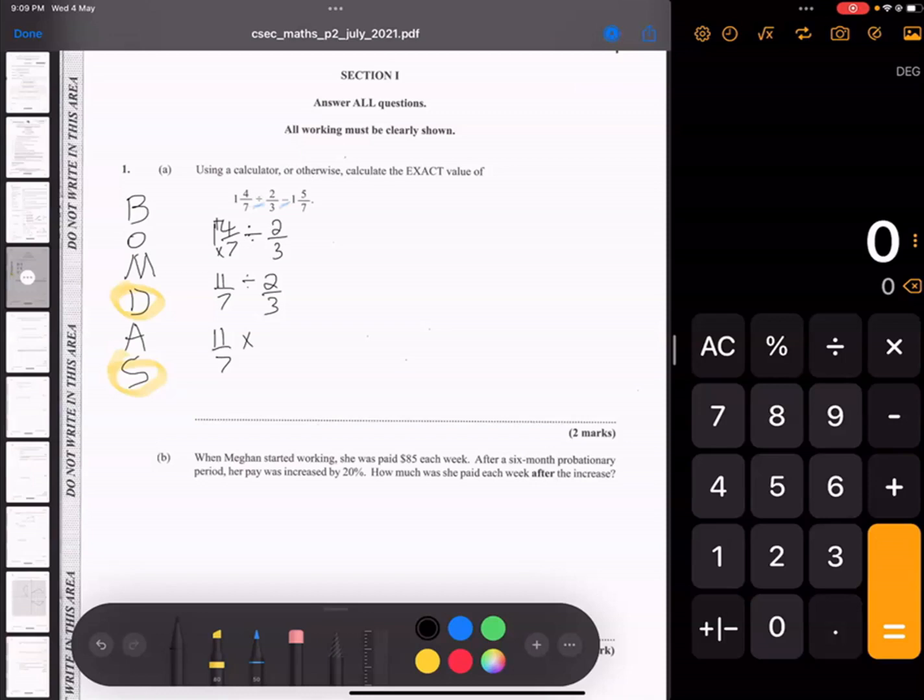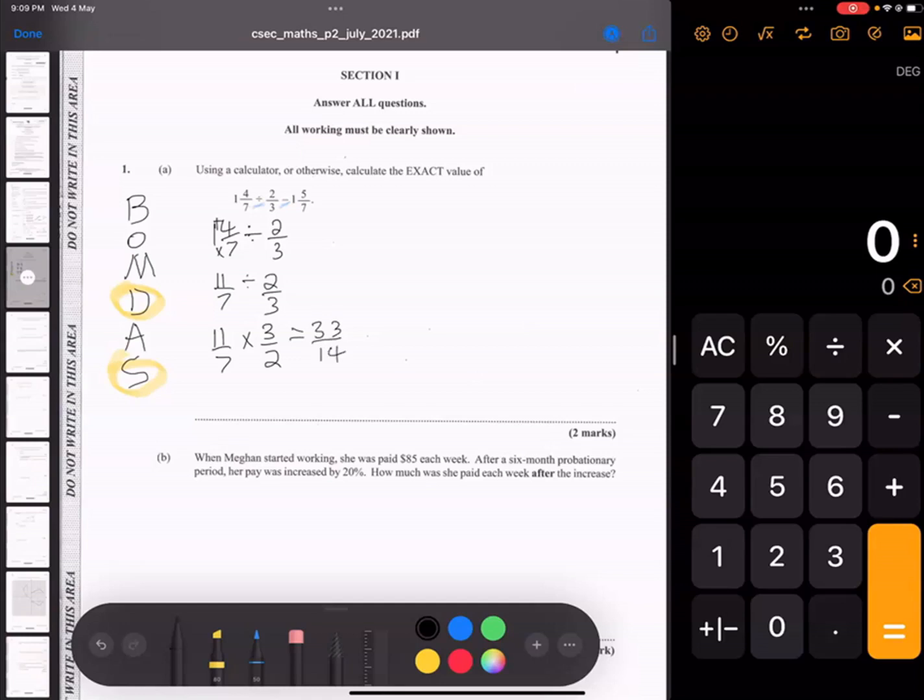So instead of 2 over 3, we will now have 3 over 2. Now multiplication: 11 times 3 will give us 33, and 7 times 2 gives us 14.